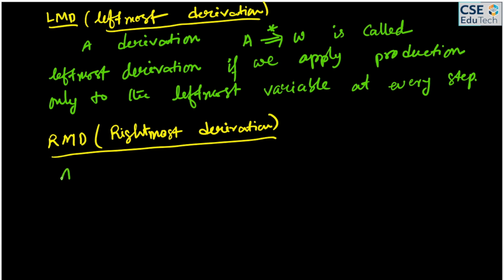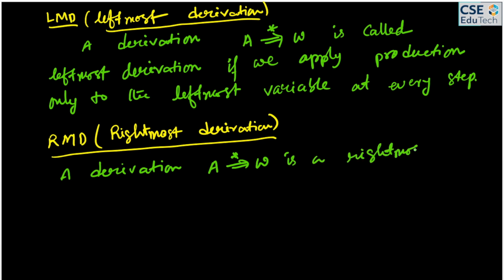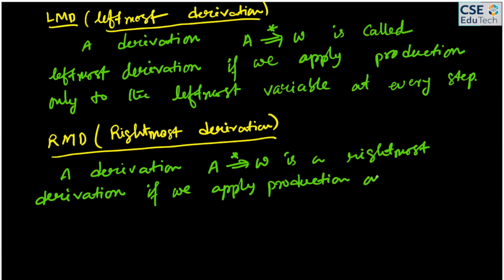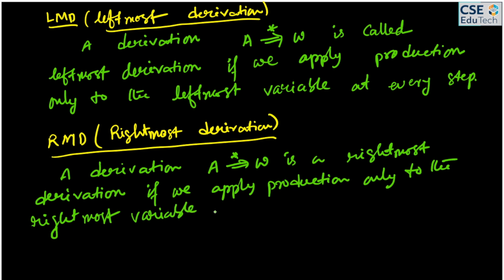Again we define a derivation of A to a string by any number of substitutions as a rightmost derivation if we apply production only to the rightmost variable at every step.